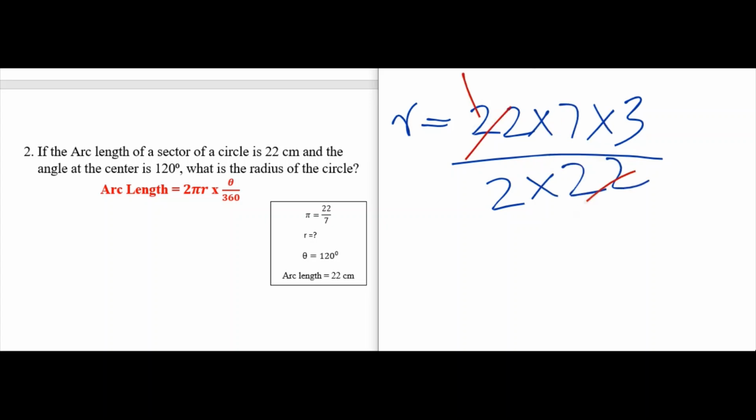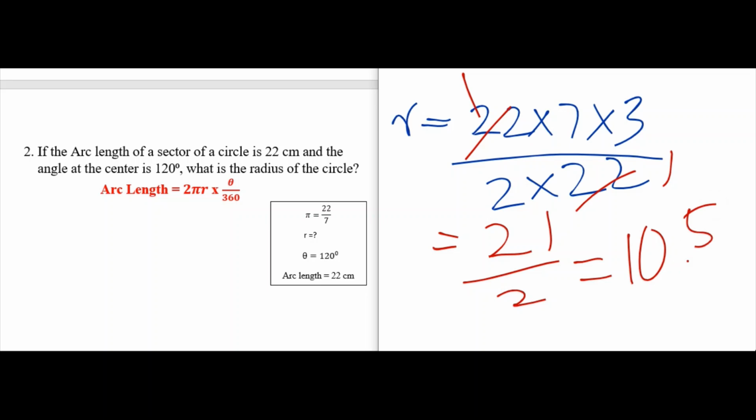We can cut this off, and we have 7 into 3 is 21 divided by 2. So we have 10.5 cm. It's the answer for our question of finding the radius.